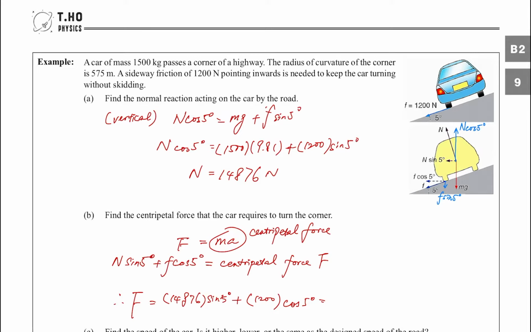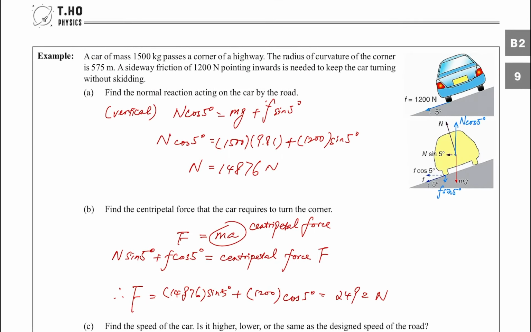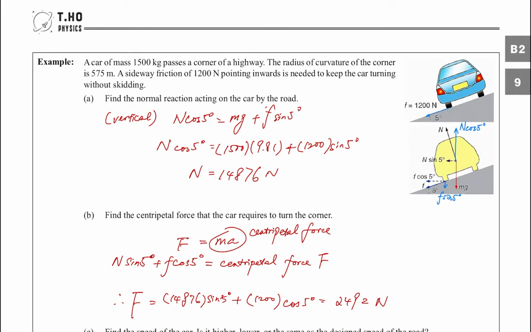And that would give us 2492 Newton. So this is the force that the car requires, the centripetal force the car requires to turn around the corner.